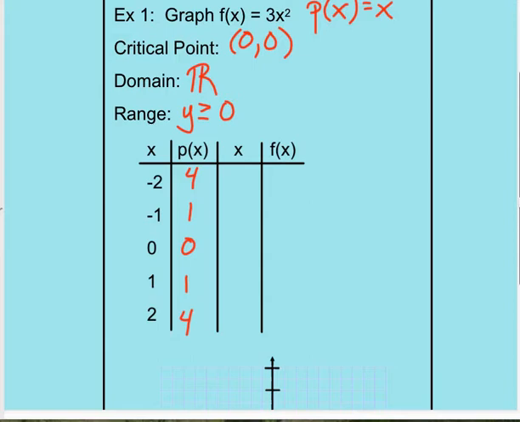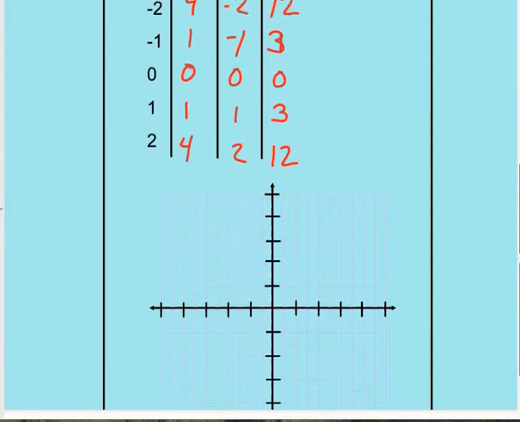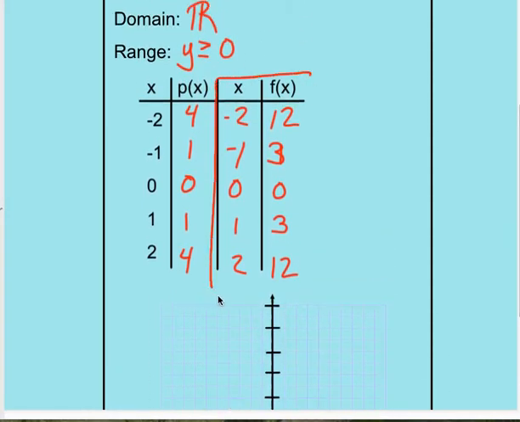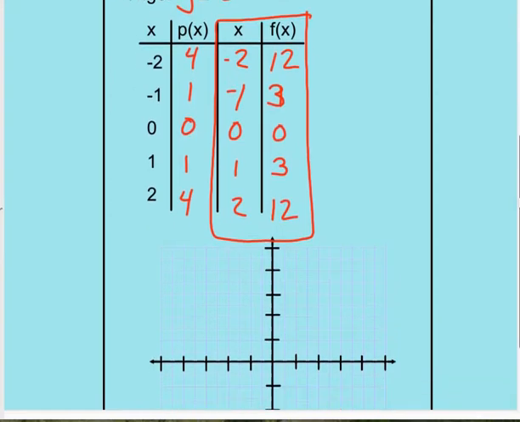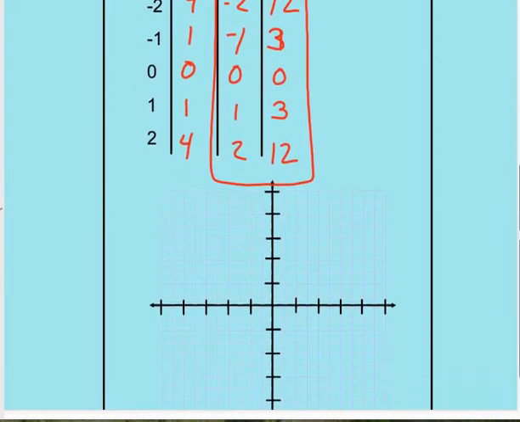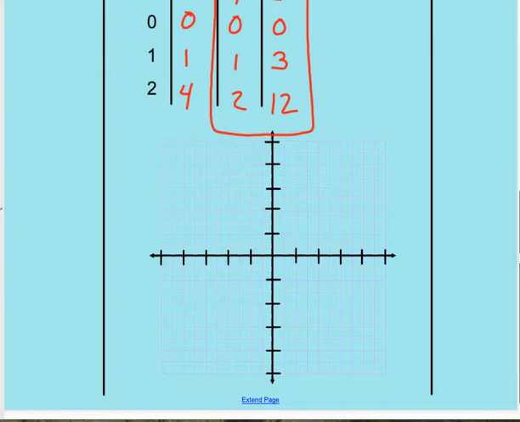So this is a vertical stretch, so my x values stay the same. My y values get stretched vertically by 3, so I'm going to multiply my parent function y values by 3. And then the last 2 columns right here will be my directions, or in this case, because my critical point didn't change, those are my t-charts, my xy ordered pairs.